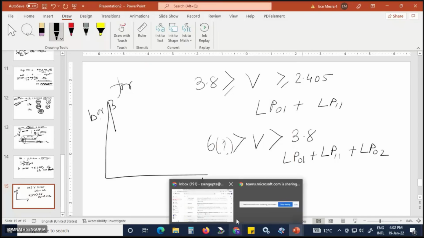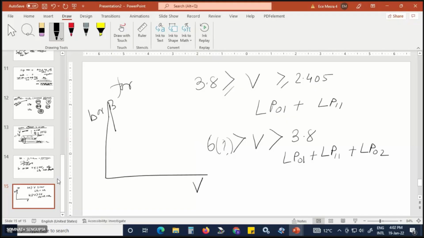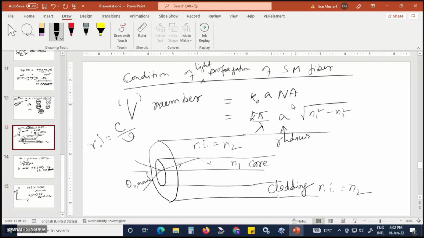These are all about light propagation for single mode fiber. So when we design the fiber, you have to choose the parameters lambda, radius, n1 and n2. But apart from this, some other criteria are there.